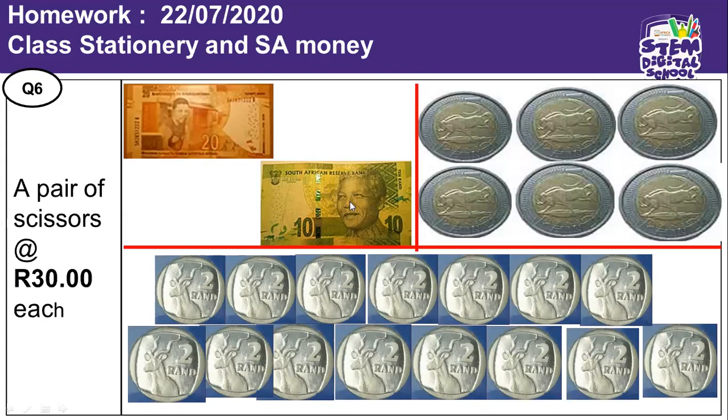Okay, and then which is 30 rand, or you could use your 5 rand coins. Let's see, it's 5, 10, 15, 20, 25, and 30. So that is 30 rands.